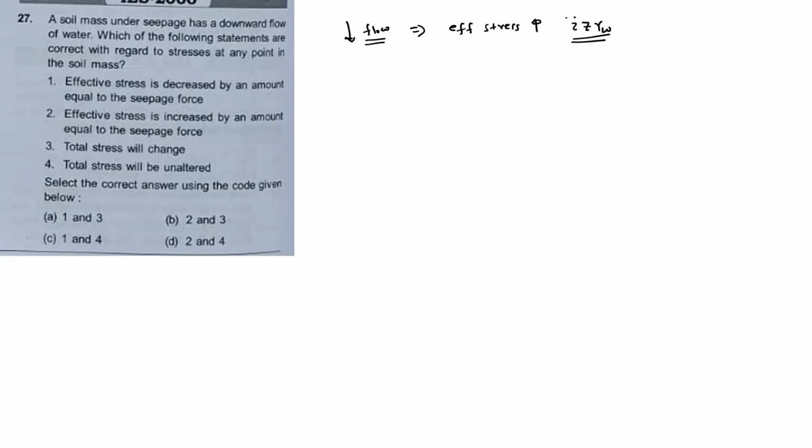So if the effective stress in the no flow condition is sigma, and if there is downward flow, then the effective stress will increase by this amount, i z gamma w. So this statement is wrong. It is saying that effective stress decreases, but effective stress will increase in the downward flow condition.